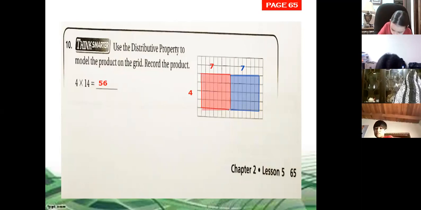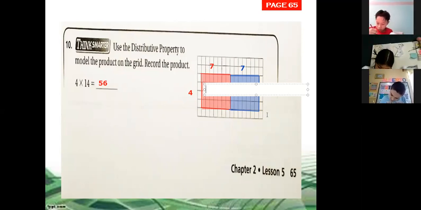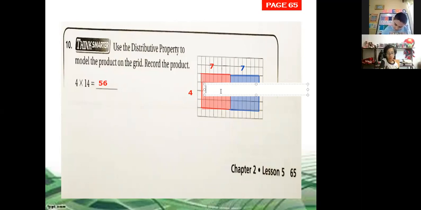Now, with the distributive property, we multiply the number 4 times 7. What's the answer of 4 times 7? 4 times 7, class. 28. 28, that's right.